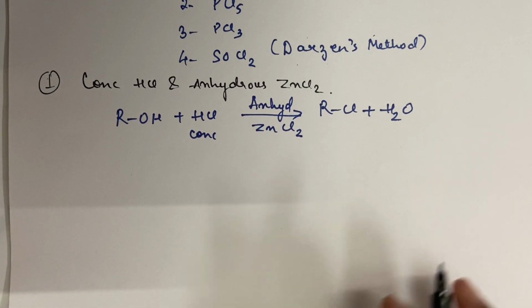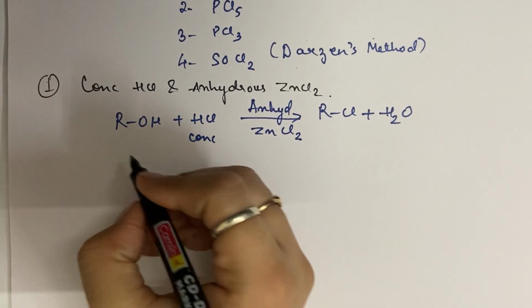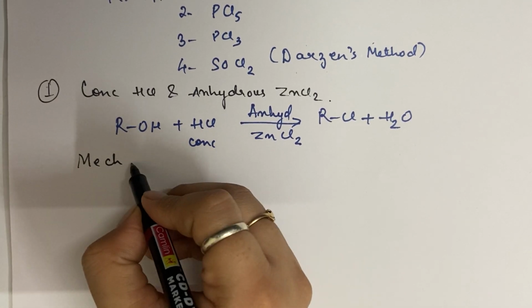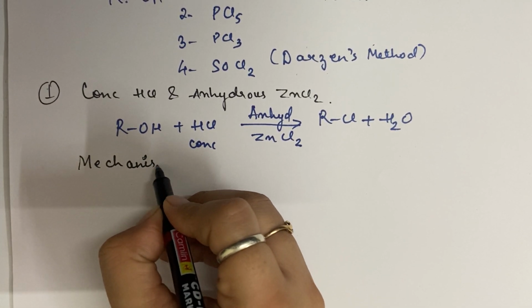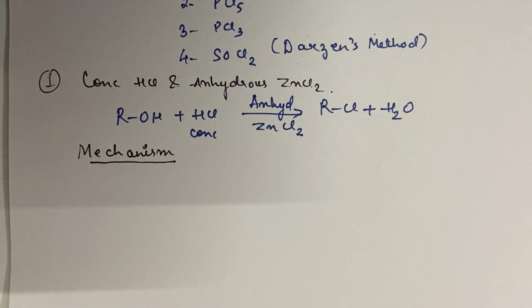Now we can go for the mechanism of this reaction. Mechanism of all the reactions is very important, because from mechanism you can actually tell the product for other reactions. So mechanism is actually very important. So let's move on to the mechanism.